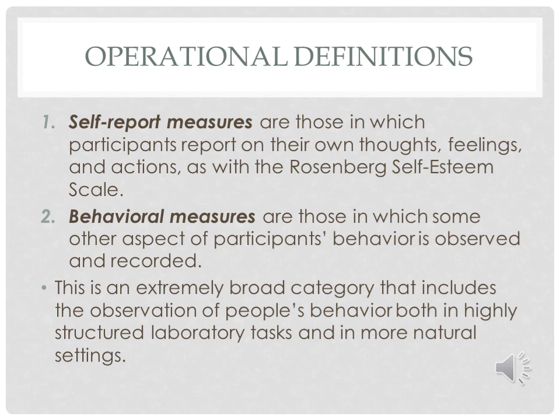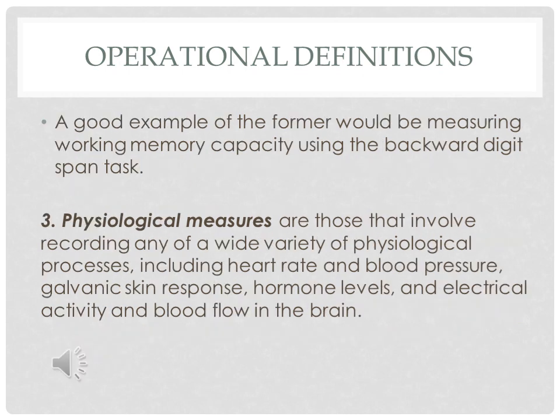So observation goes on, which makes some difficulties in the case of behavioral measures. A good example of a behavioral measure would be measuring working memory capacity using the backward digit span task, or some immediate memory span task. It is all related to measuring the working memory of the person.